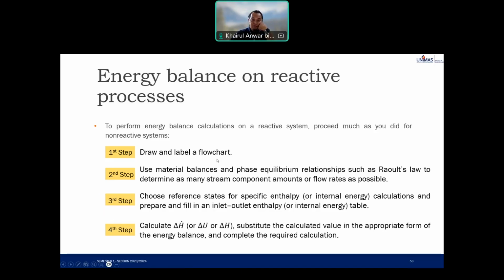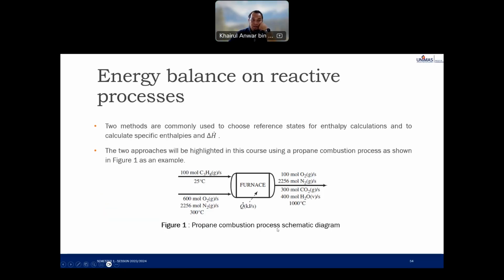To do so, draw and label the flowchart, do the material balance, choose the reference state, and calculate delta H. The methods used to choose the reference state for enthalpy calculation and to calculate specific enthalpy and delta H will be highlighted in this course using a propane combustion process as shown in figure 1.